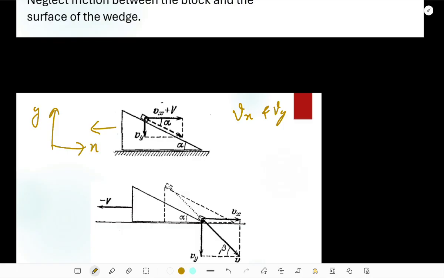The horizontal component of the block's velocity relative to the wedge, not with respect to the ground, will be simply Vx plus V. And the vertical component remains the same because the wedge has no velocity in the vertical direction.